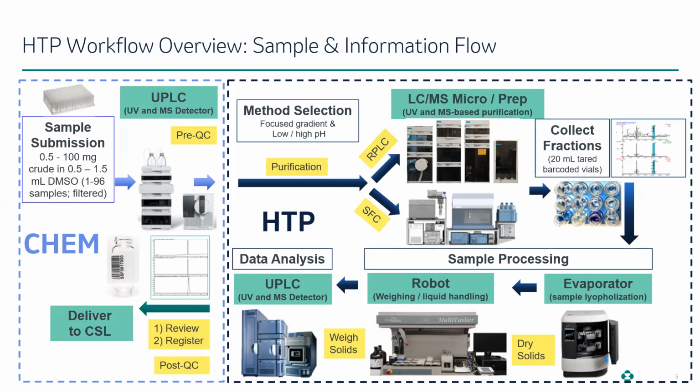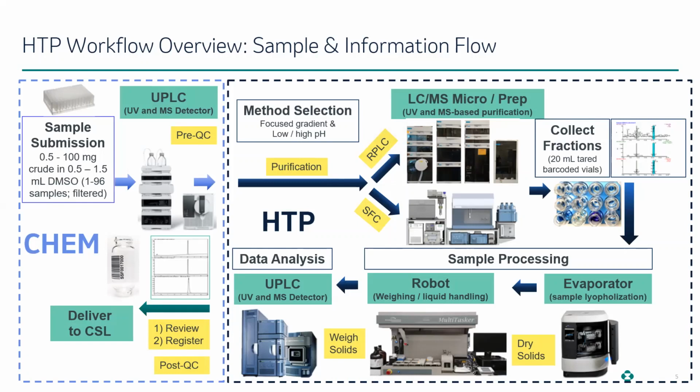We employ mass-directed purification to trigger the target isolation with a defined exact mass. So samples are collected into tiered barcoded vials or tubes. And we have large capacity Genevac evaporators that evaporate fractions overnight and Gravitrac and multitaskers that can perform weighing tasks.